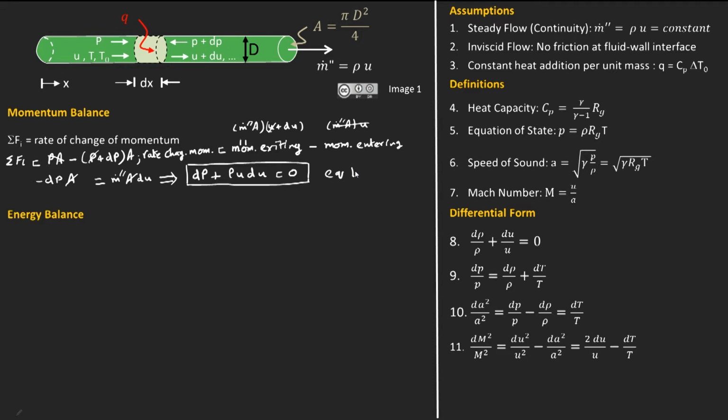Next, let's proceed with the energy balance for the same control volume in which we have heat addition Q. As we can see, the energy balance will simply be the total heat added to the flow as it goes through this control volume should be equal to the change in total enthalpy of the flow. Alright, so what is that going to be?